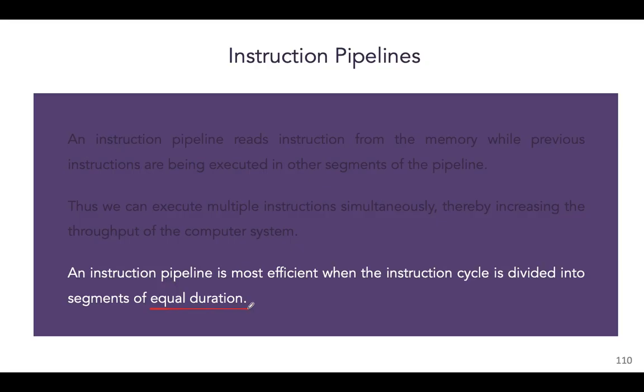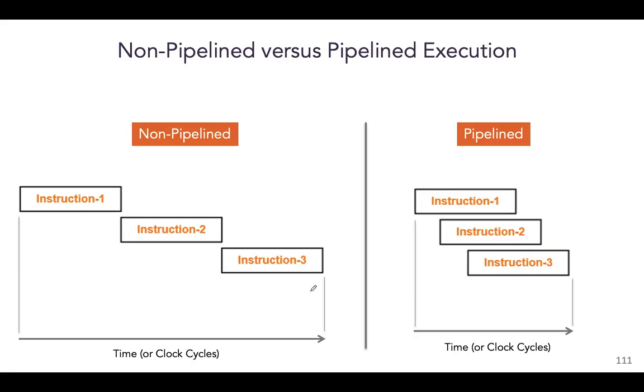Although in reality it's much harder to implement because there are even the tiniest delays between the execution times of various segments, it's the most efficient. If all the segments are of equal duration, that is the most efficient pipeline.